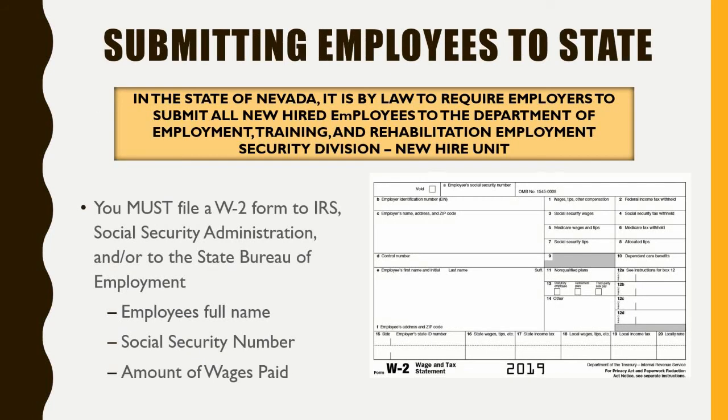Okay. So of course, before anything happens, you need to take your measures to properly get the employee into your company. You need to have them apply for the job.